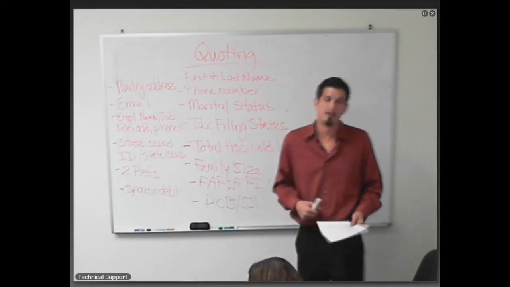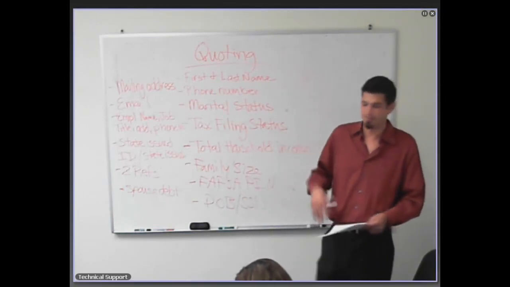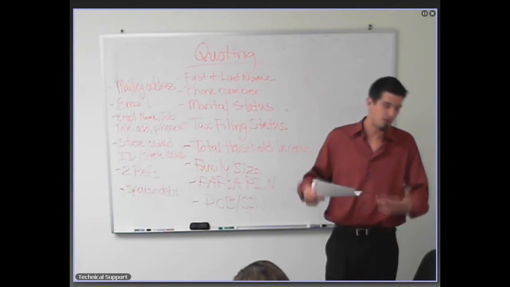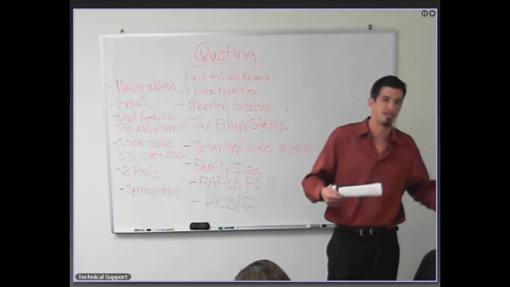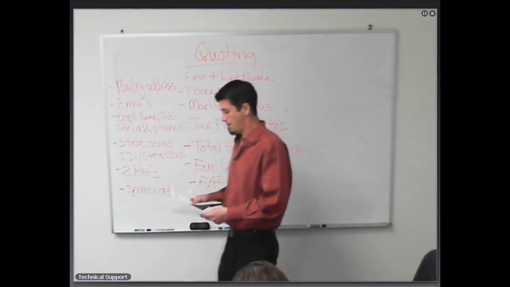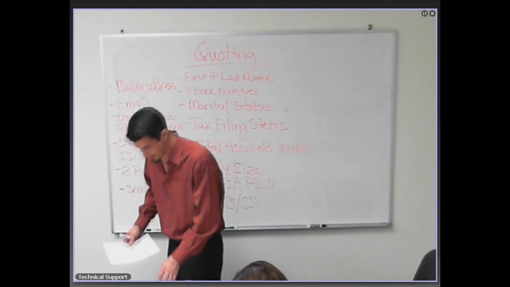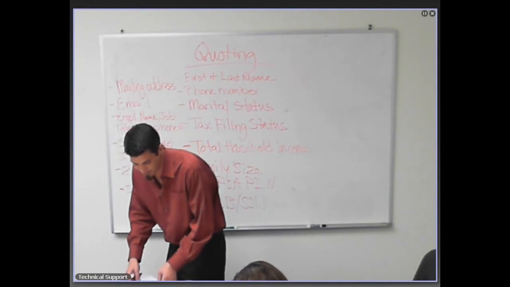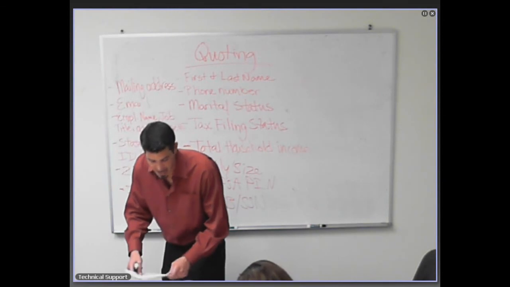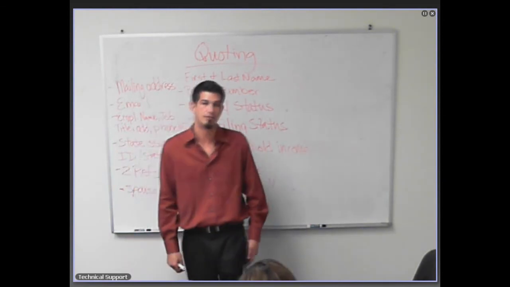Which ultimately is to everyone's advantage, because the sooner we get that stuff in, the faster we can start working on it, completing the phases, ultimately collecting everyone's money, okay? So that's essentially what we need for quoting and to process a rehab or a consolidation for a complete file.